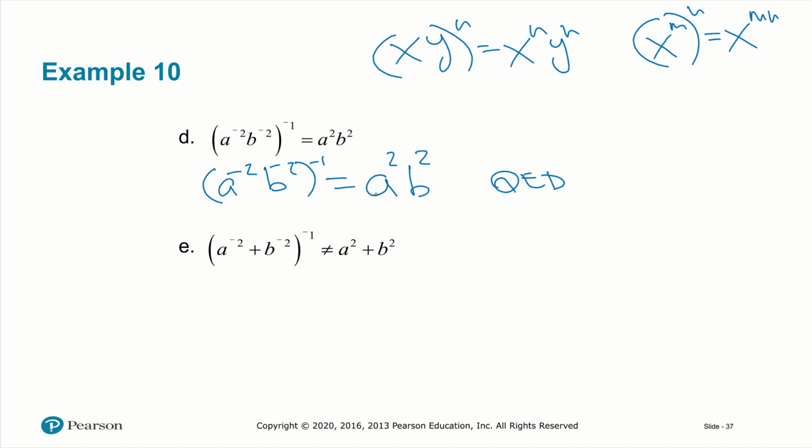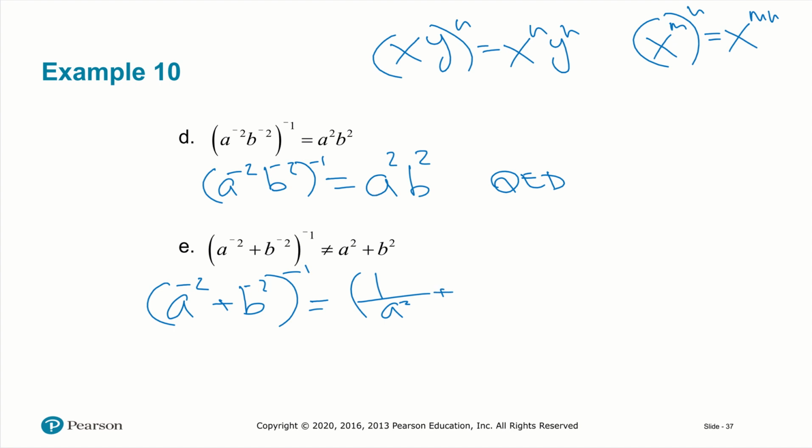All right, next we want to show that the expression on the left is not the same as the expression on the right. So we'll start with the expression on the left, quantity a to the negative 2 plus b to the negative 2 to the power of negative 1. And we show that it is equal to, well, a to the negative 2 can be written as 1 over a squared, correct?